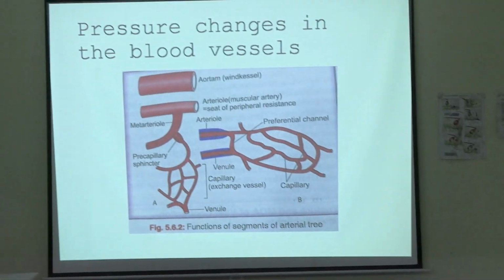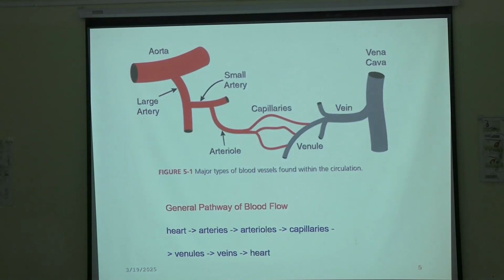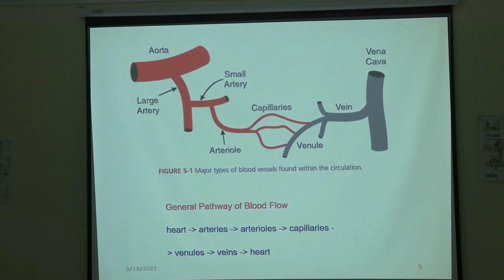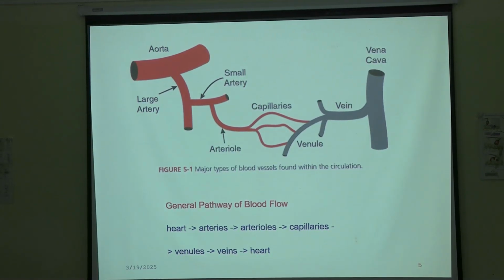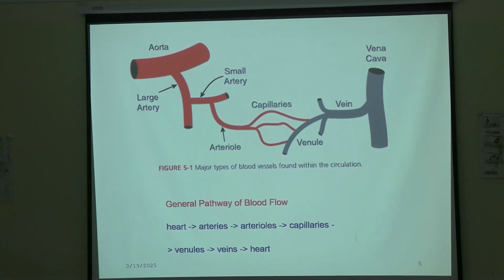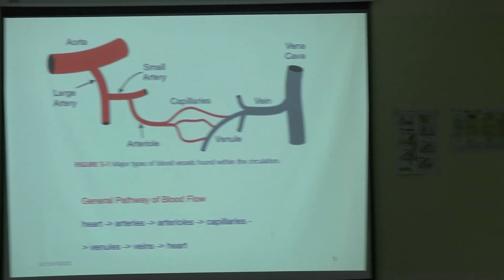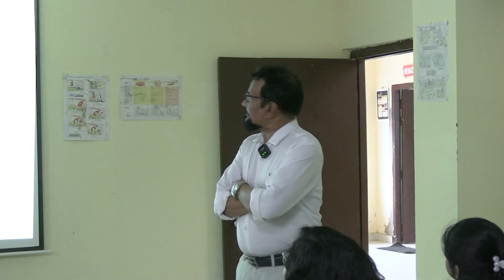Before that, we'll just know, after the aorta originates from the heart, it gives off several branches. These are the large arteries. Again, the large arteries divide into smaller arteries.